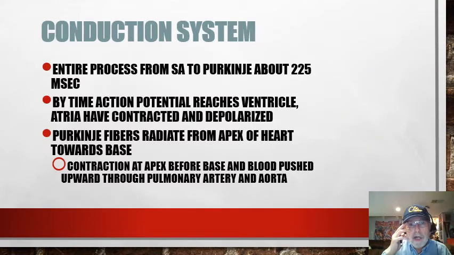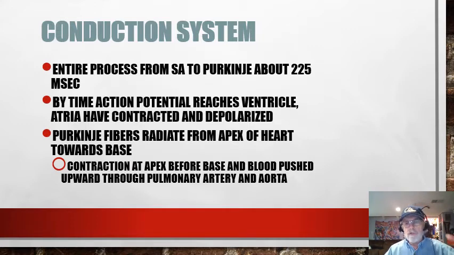The entire process, when you looked at all those times, to go from the SA node, sinoatrial node, to the Purkinje fibers was about 225 milliseconds. With the AV node holding things up, it could have been shorter, but because the AV node lengthens that time, it allows the atria to contract before we have depolarization of the ventricle.